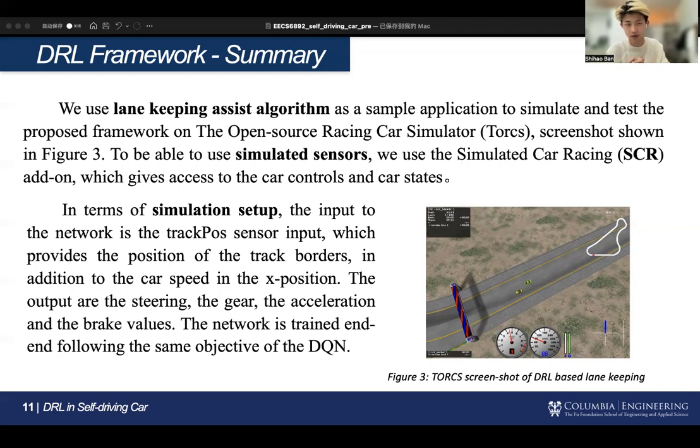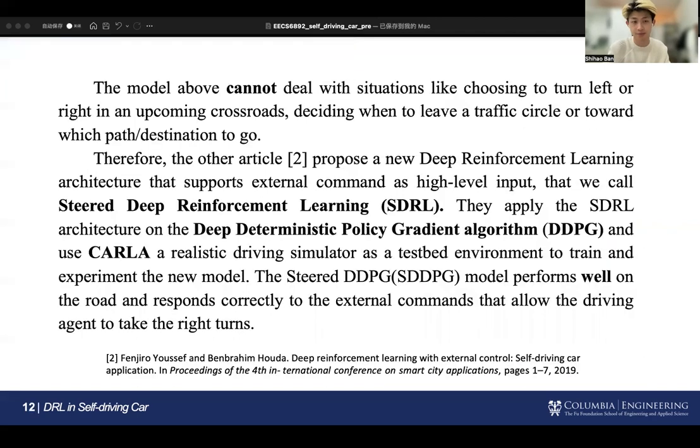And yeah, right here, I just finished my summary of article 1. But after that, I had some thoughts: is that enough? Because it may not fit so well into the real environment, right?